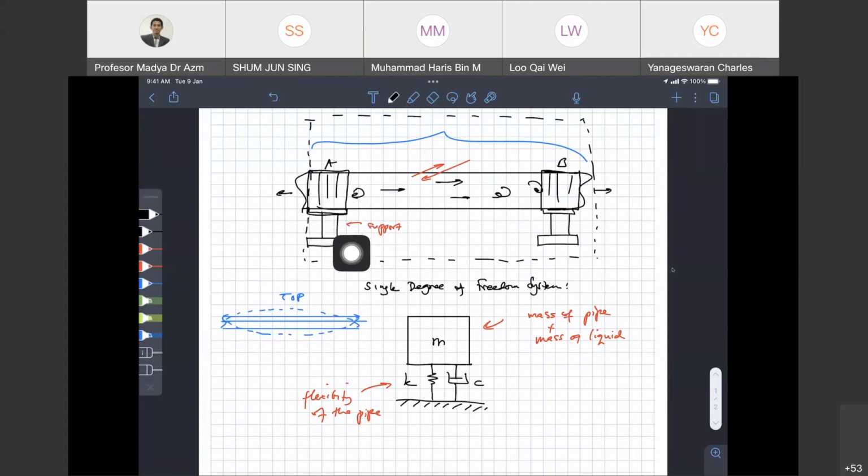Consider the support is very rigid. If the support is not rigid, if the support is flexible, then maybe the support will bend. So the stiffness will come from the support. Usually the support is, if you can see, an I-beam. I think you have observed this one at some point, the I-beam.